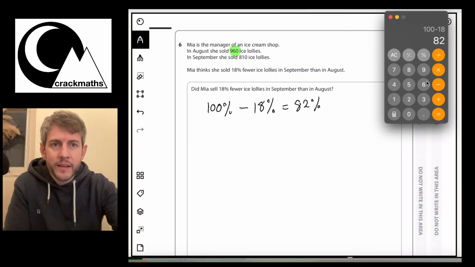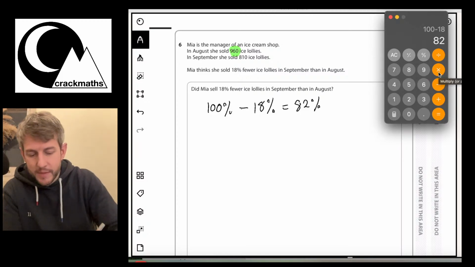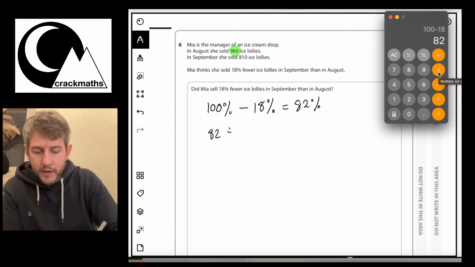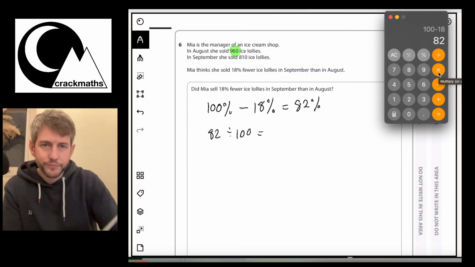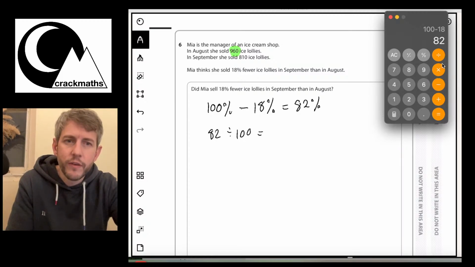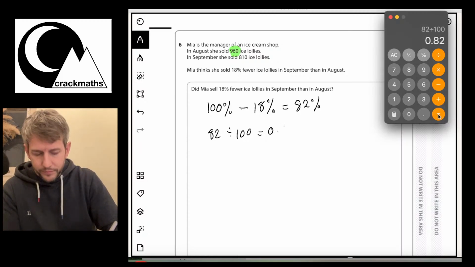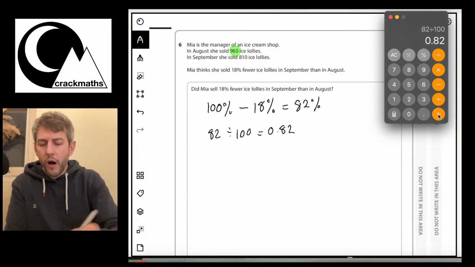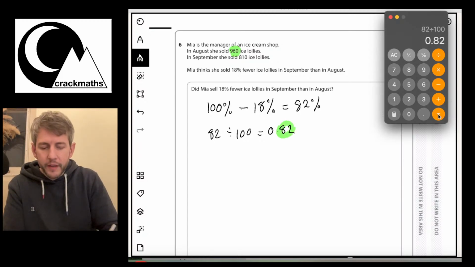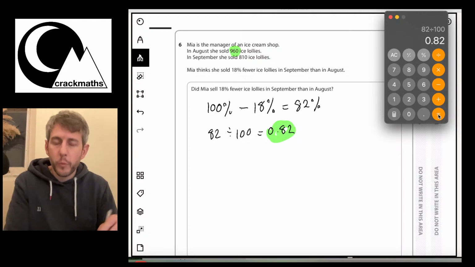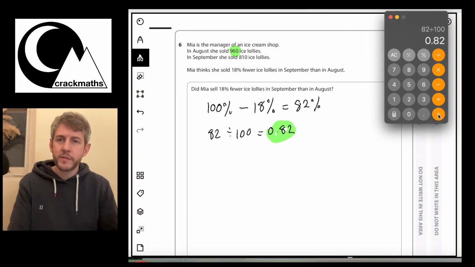So to go from a percentage to a decimal, I do 82 divided by 100. So 82 divided by 100 equals 0.82. Okay, so I now know that anything multiplied by 0.82 is going to reduce that value by 18%, okay?